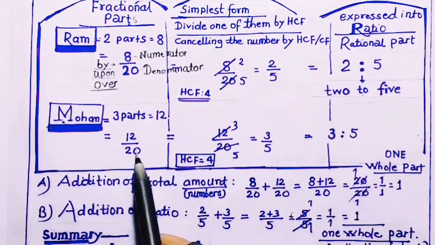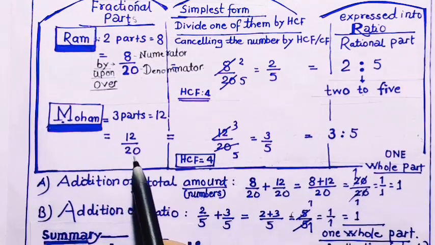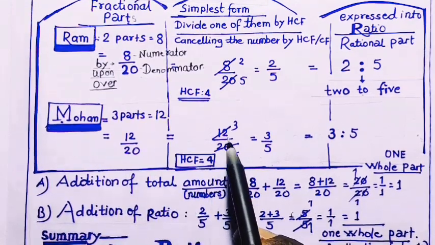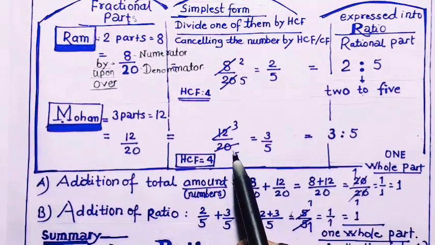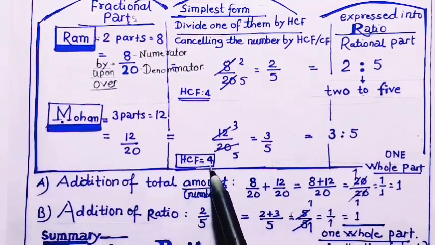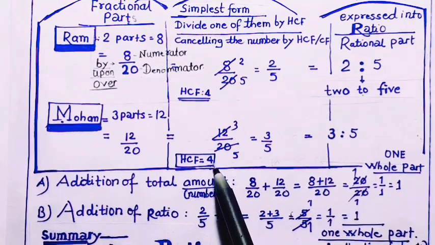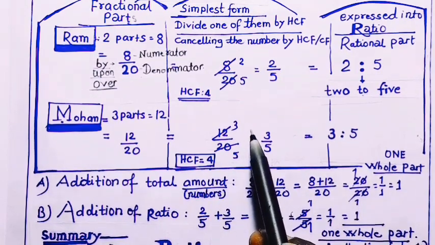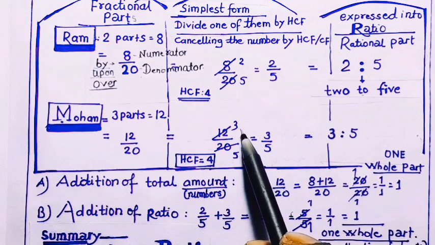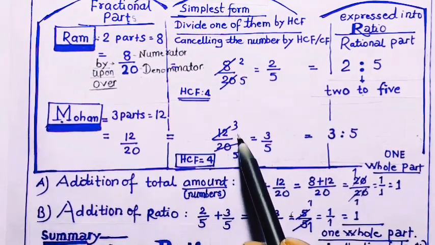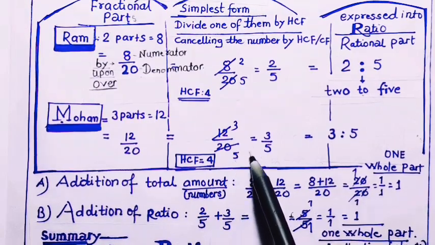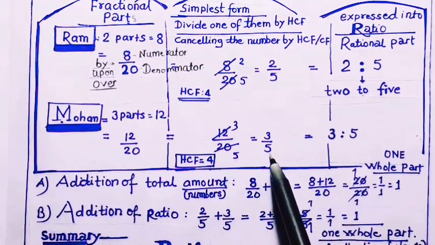When this number is changed into the simplest form, it is cancelled by their HCF, and in this way the new numbers found are 3 and 5, written as 3 by 5.